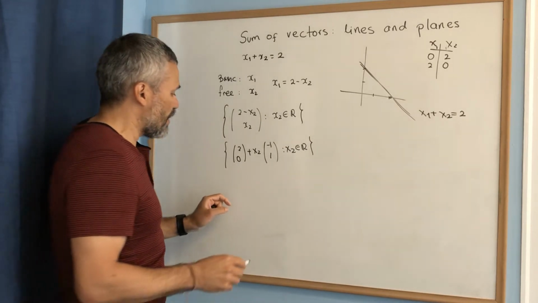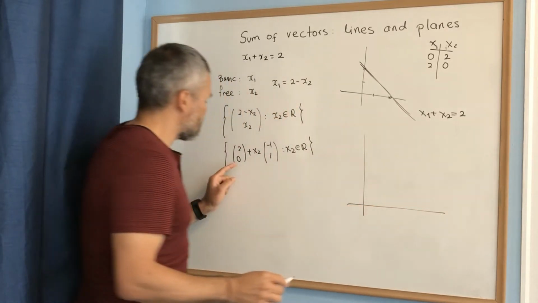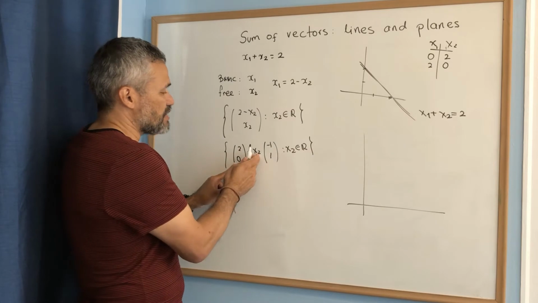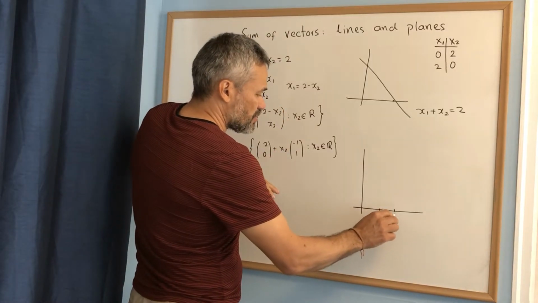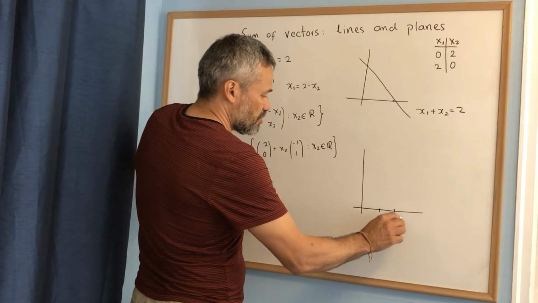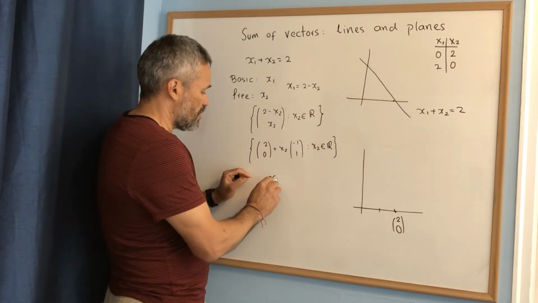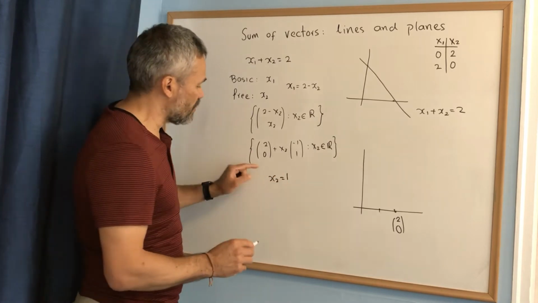Notice that we can view this line in this way. First, when x2 is 0, then we are at the point 2, 0. And then what happens when x2 is equal to 1?